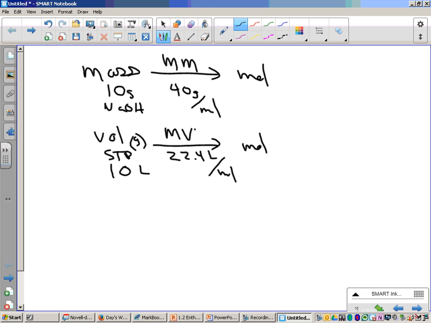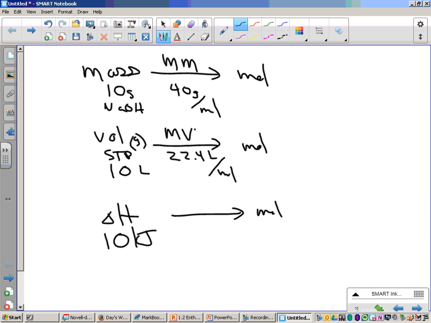If I'm given an enthalpy, not a molar enthalpy, but just a total amount of energy that came out of a chemical reaction, let's say 10 kilojoules of energy, then how would I convert that into moles? Well, I wouldn't use a molar volume and I wouldn't use a molar mass. I would use a molar enthalpy, which would be the energy it would produce or use per 1 mole of that substance.